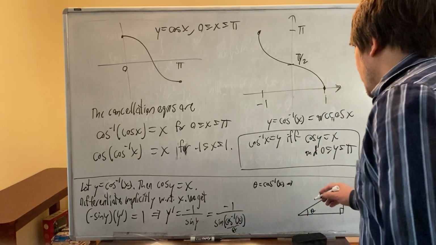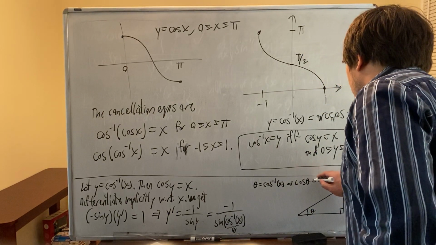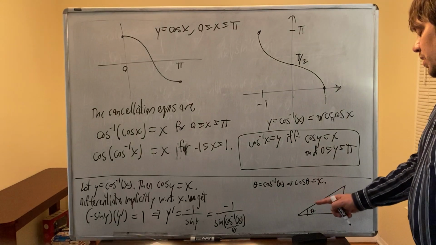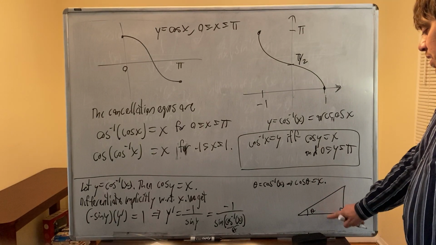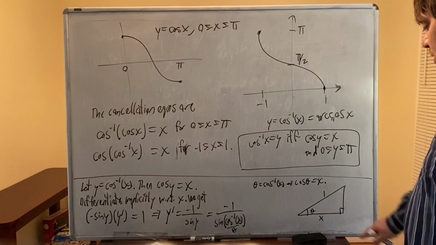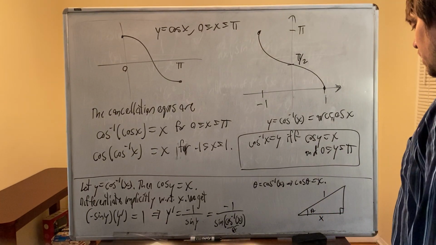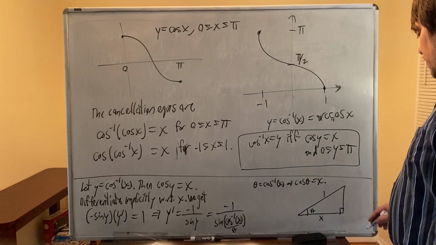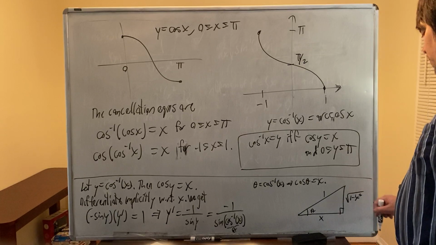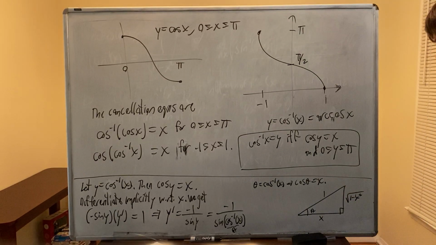That implies that cosine of theta is equal to x. Cosine is the ratio of the adjacent side to the hypotenuse, so cosine theta is x over 1. And then by the Pythagorean theorem, if you solve for this side, you'll get the square root of 1 minus x squared.